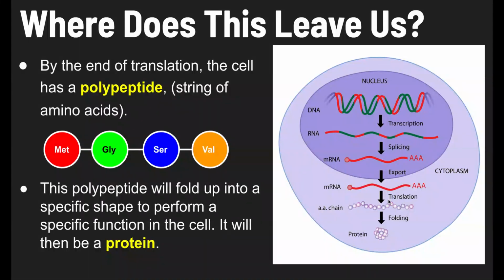So translation is going to happen outside the nucleus. It's going to happen in the ribosome. We're going to build a string of amino acids called a polypeptide based on the mRNA that we had. And once we have that string, it's going to fold up and take a specific shape, and it will be a protein. So that's how cells synthesize proteins.